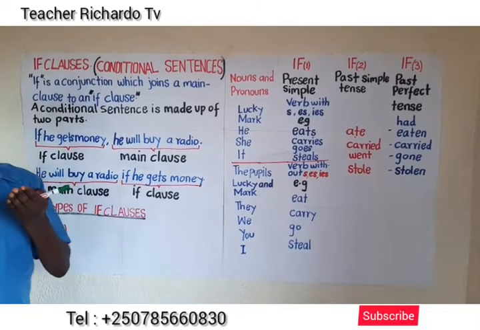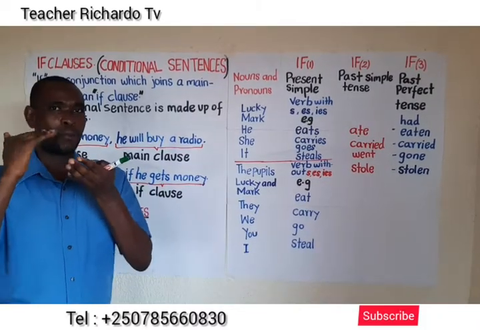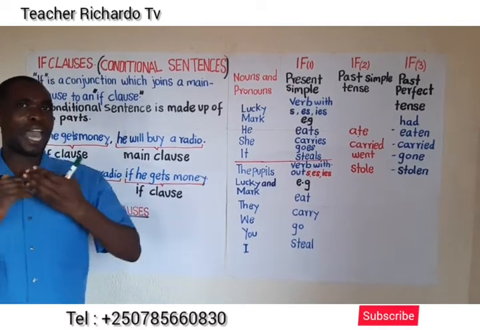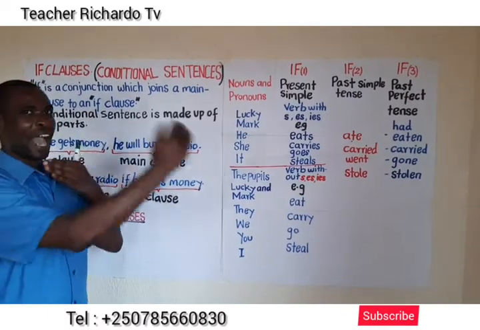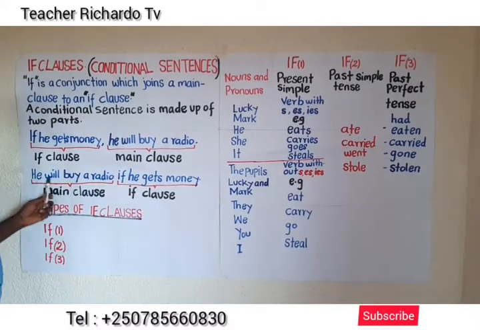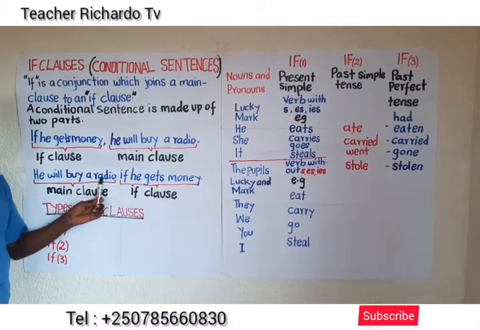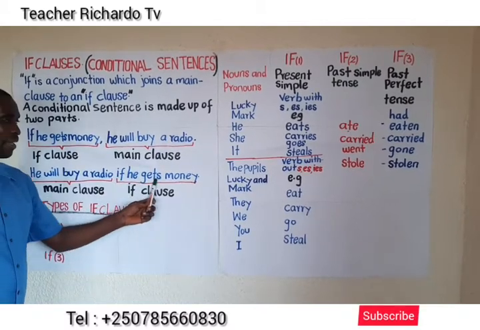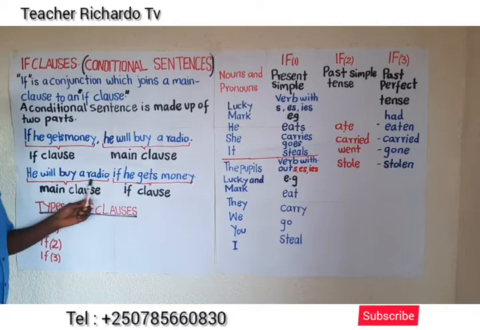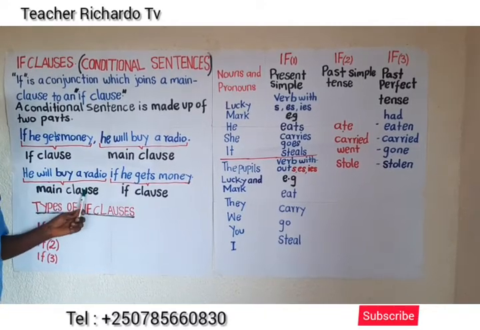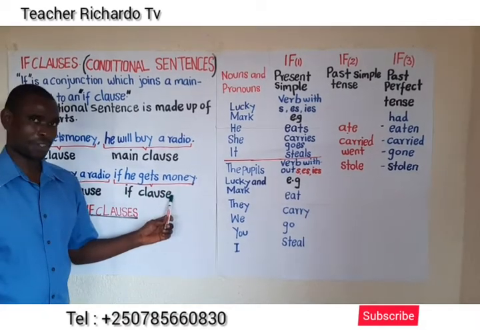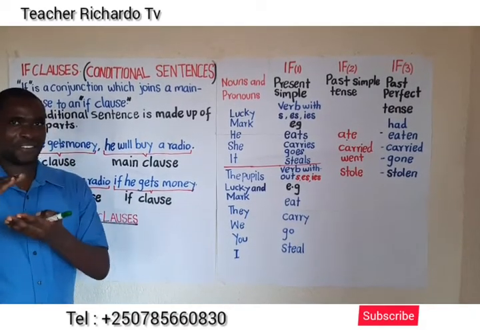We can also put the main clause at the beginning of the sentence and bring the if clause to the end of the sentence. For example, he will buy a radio if he gets money. The first clause is the main clause and the last one is an if clause. What is the difference?